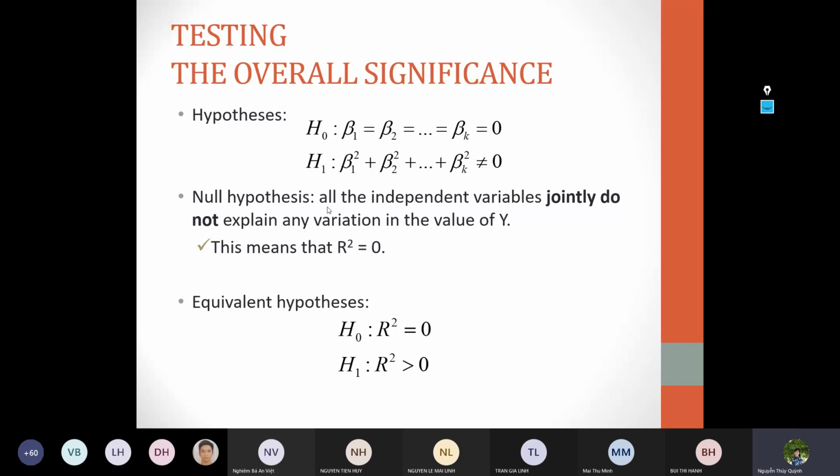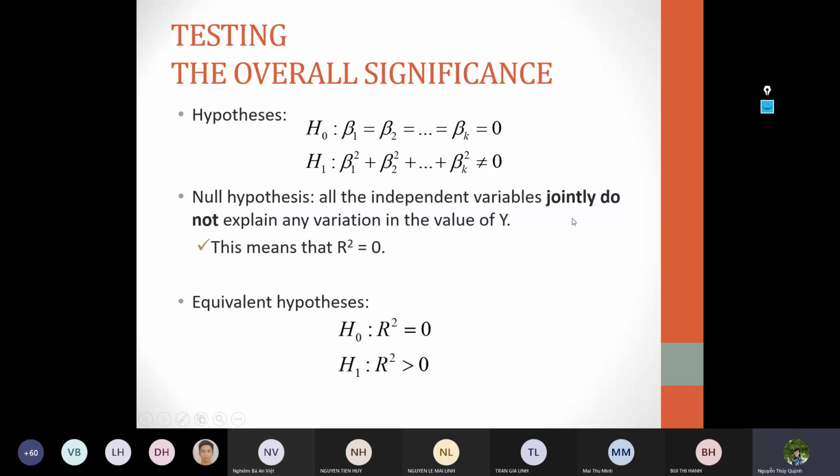There is no joint effect of the independent variables in the model, which means the independent variables do not explain any variation of the dependent variable.